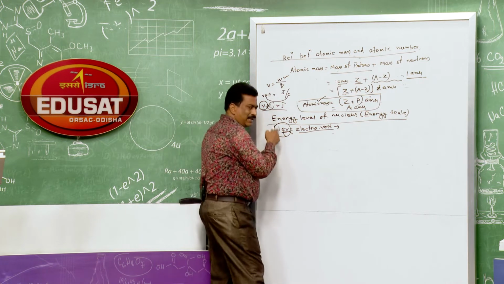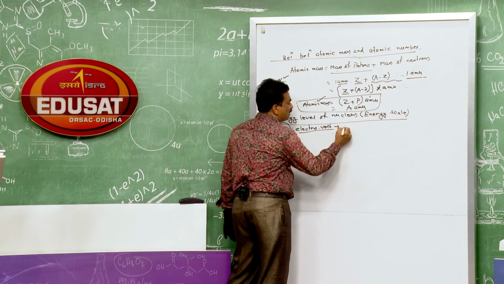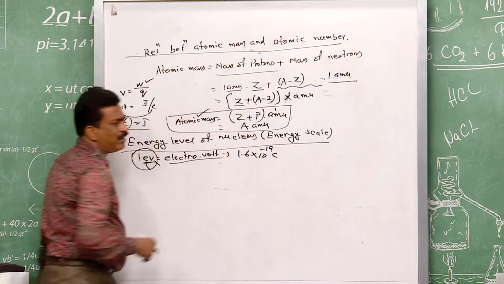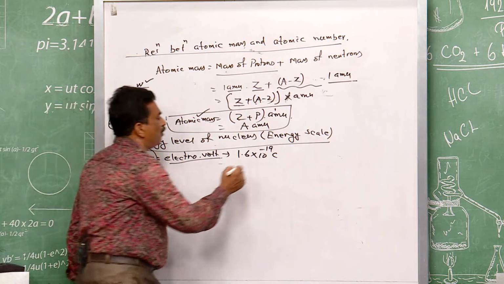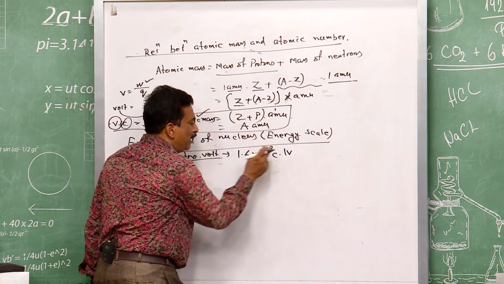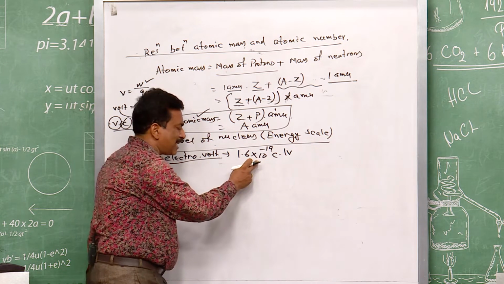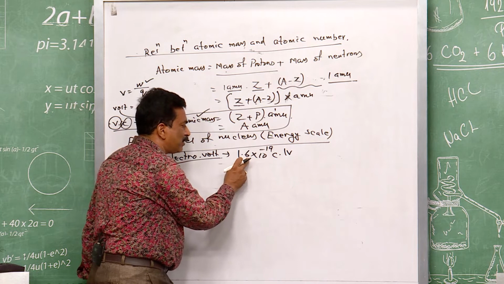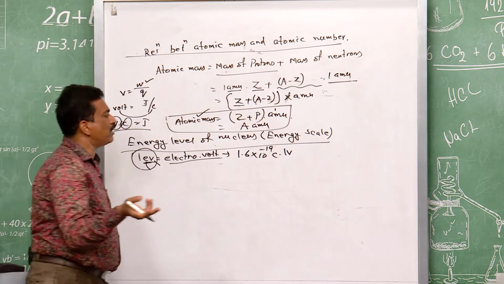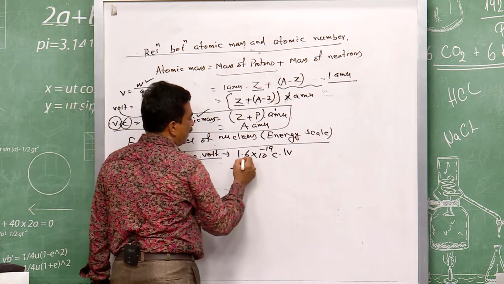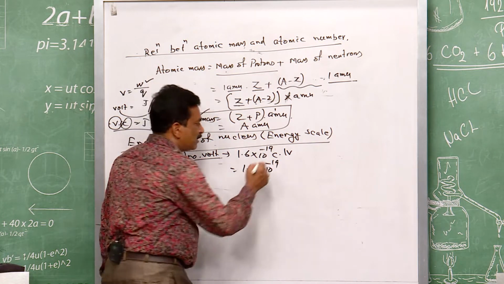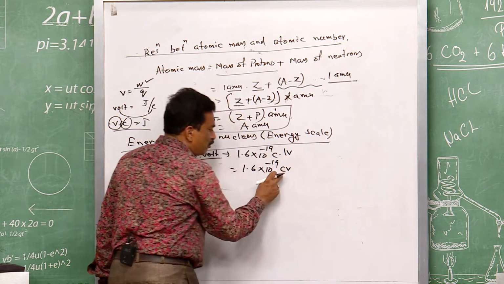So what is the charge of the electron? It is 1.6 into 10 to the power of minus 19 coulomb, and the potential difference is 1 volt. For the charge of the electron, this much coulomb to make the potential difference of 1 volt, the energy required is 1.6 into 10 to the power of minus 19 coulomb into volt.